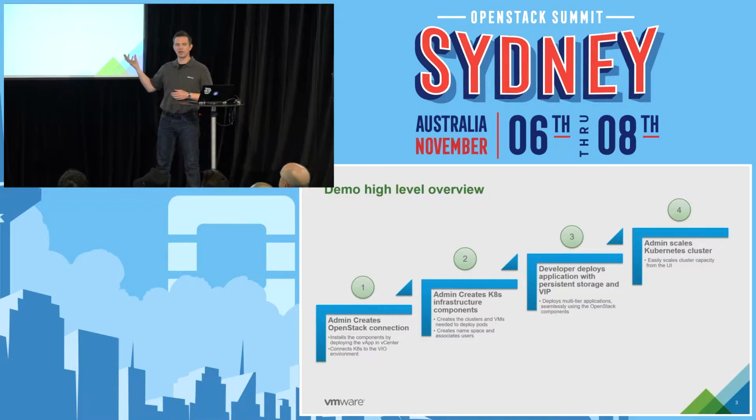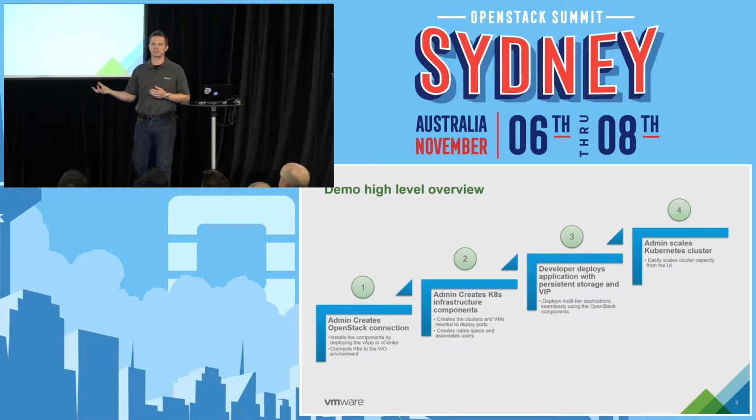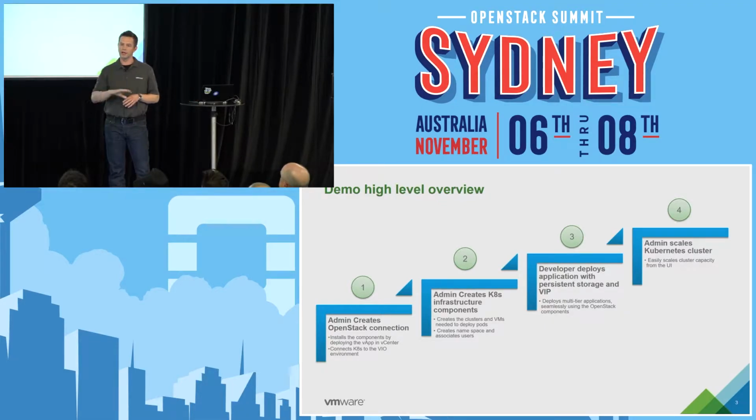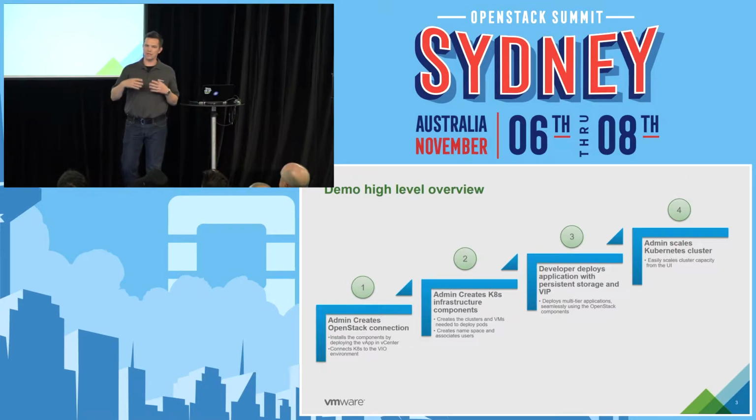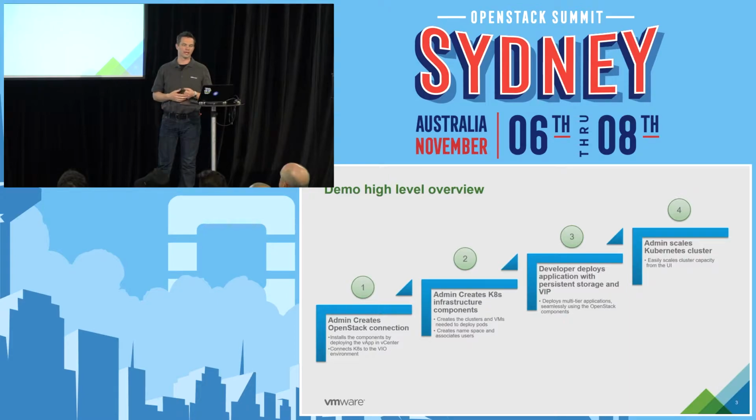And then we have the administrator creating the actual Kubernetes cluster on OpenStack, running in the VMs. And this then sets the developer up to go in and deploy the application on these clusters. And then once the developer has done that, the administrator can go into the UI that I'll show you here in a second and scale up the cluster, both the worker nodes and the master nodes.